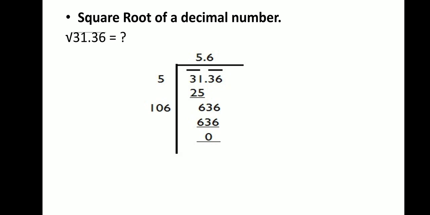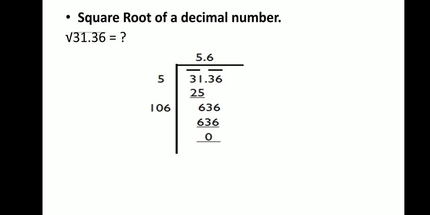In simple language, after the decimal, start from the digit just after the decimal point, and before the decimal, start placing the bars from the digits just before the decimal point.